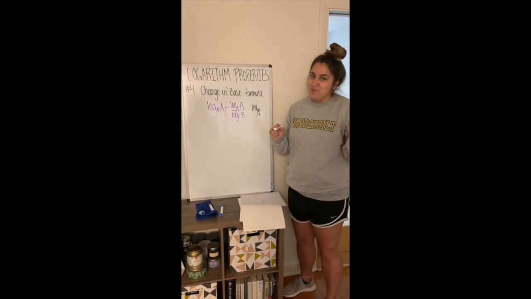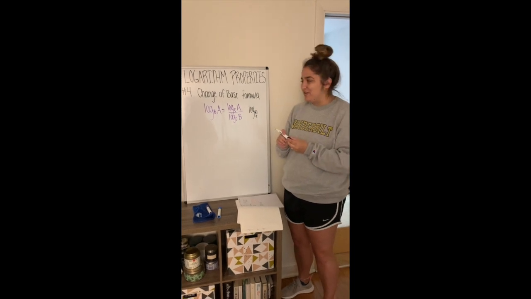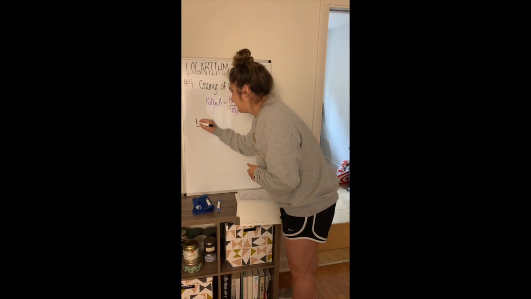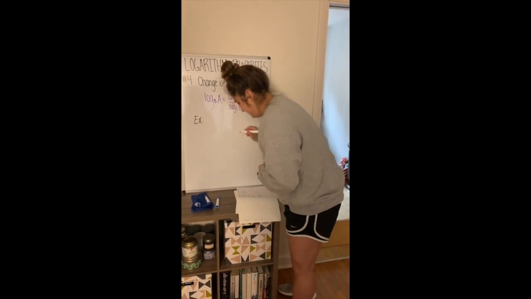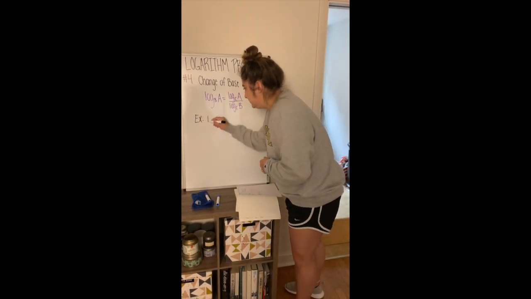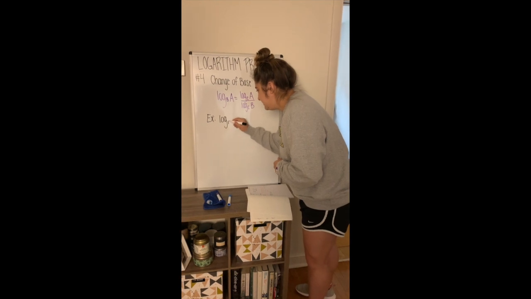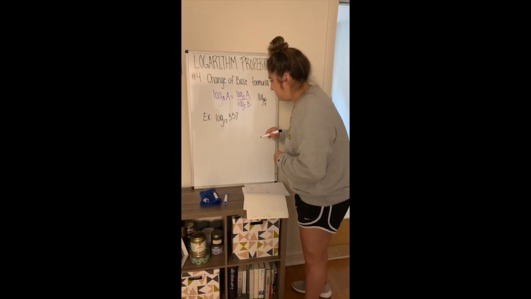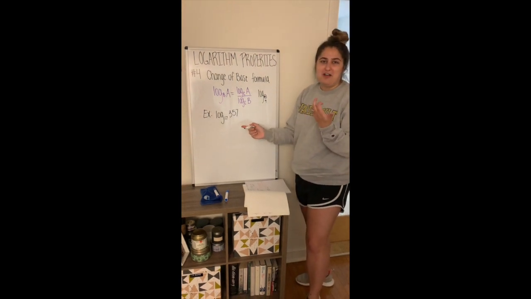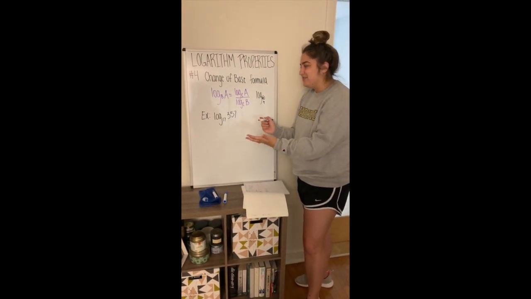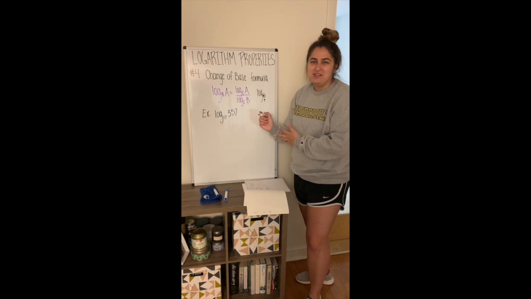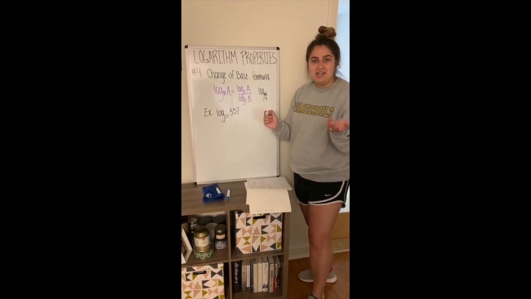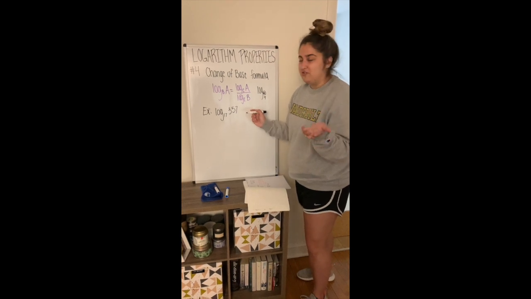So to help us with that, we have something called the change of base formula. If I give you an example, let's say we do log base 17 of 357. We can't really enter that in our calculator and we don't know what that comes out to. So it's just kind of like an ugly logarithm. So what we can do instead is use the change of base formula.